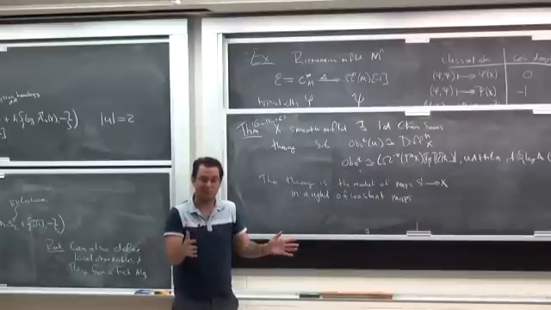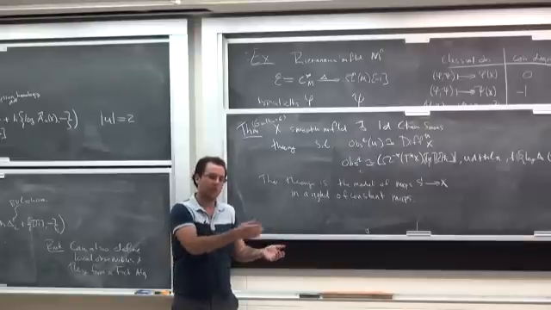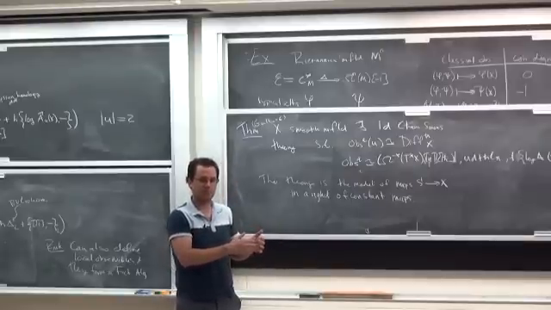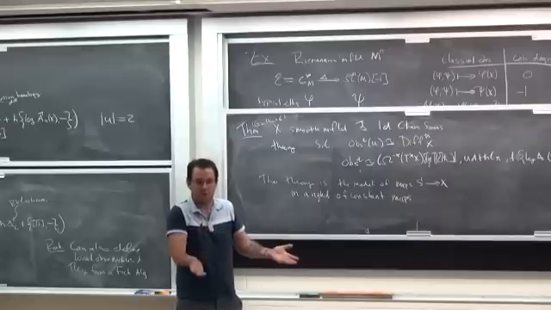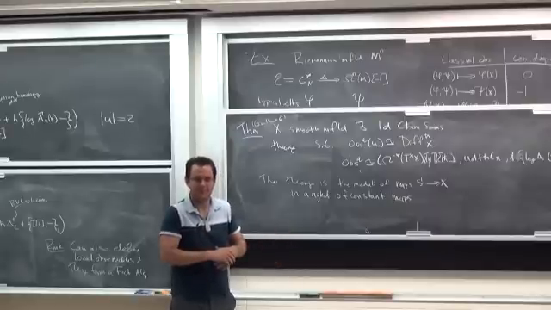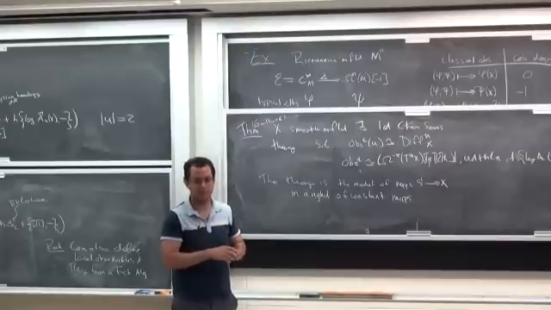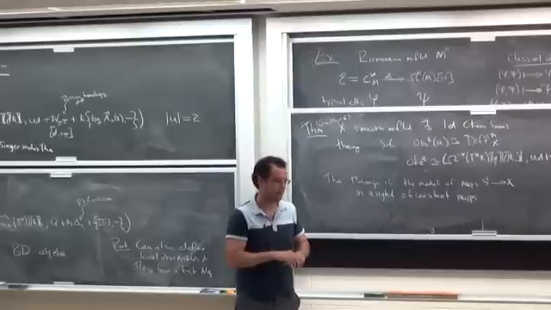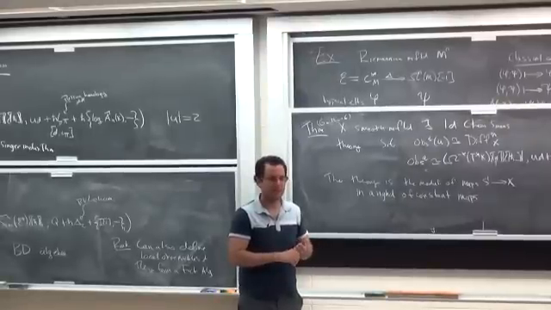I could look at global sections. And the statement is that global sections of local observables are really global observables. They're quasi-isomorphic. So that's a theorem. It's not a definition. It's a theorem, right?